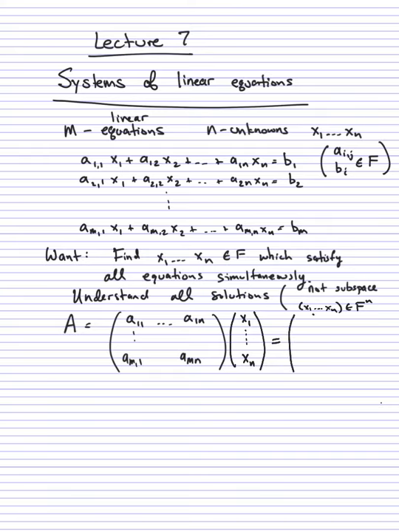So really what we're trying to solve is this: we're given an m-tuple of numbers and an m by n matrix, and we want to know what n-tuple we put in that gives us the desired output.